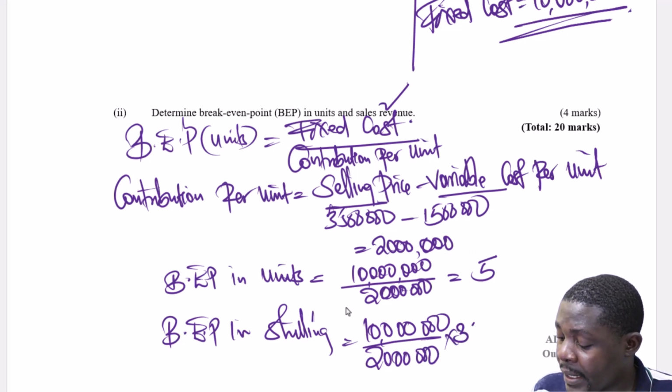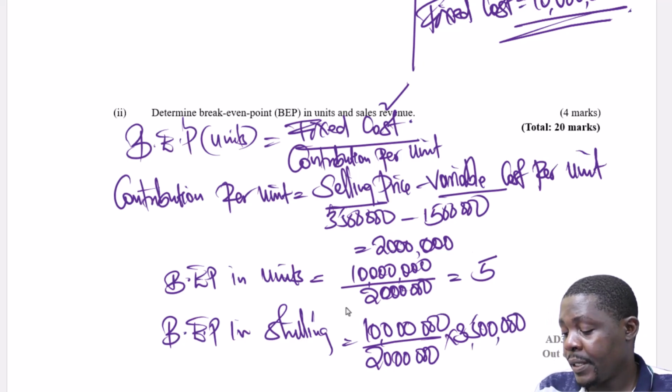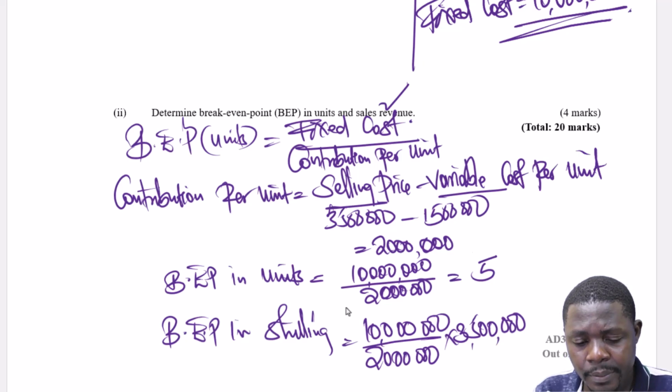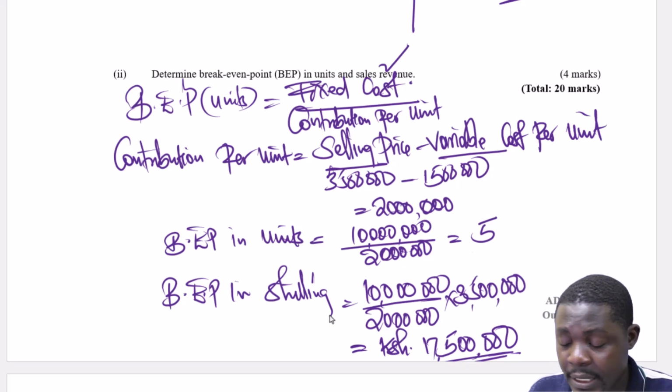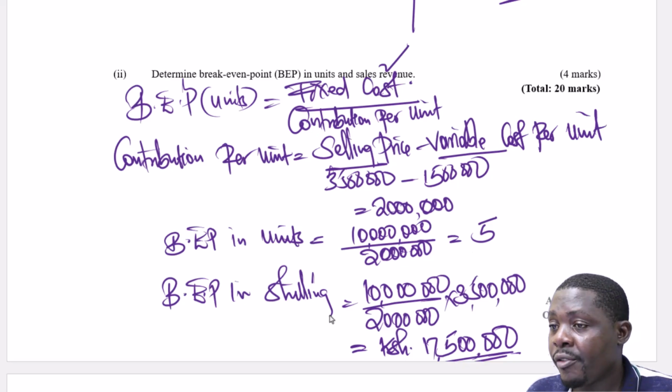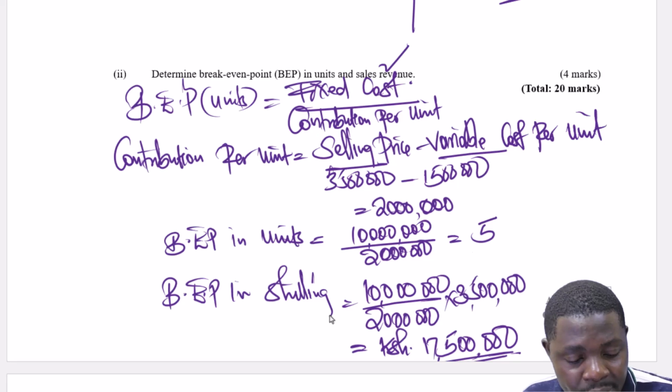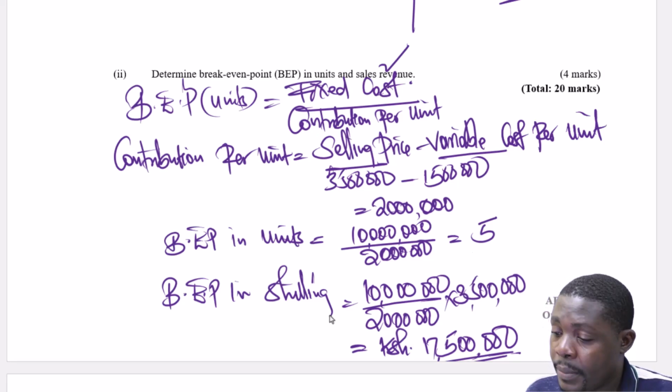We multiply by the selling price, which was 3,500,000. Just take 5 multiplied by 3,500. Eventually you get the break-even point in sales value is going to be Kenya shillings 17,500,000. You are to do that for you to scoop the entire 20 marks for question number 1.